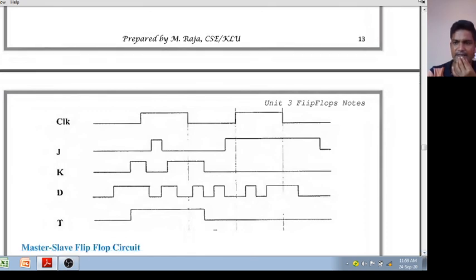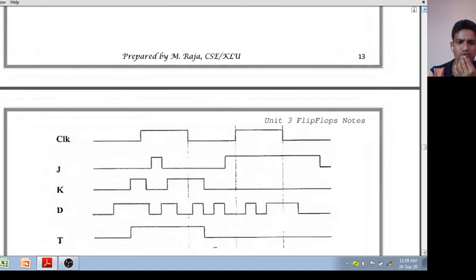You can try this to draw the output. Just this is your clock pulse, and the values of J and K, I already explained. Now you will try. This is your assignment. In the assignment you have to solve this question. I will solve only for this T.